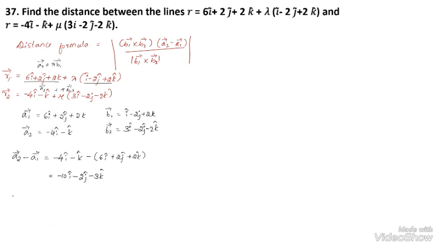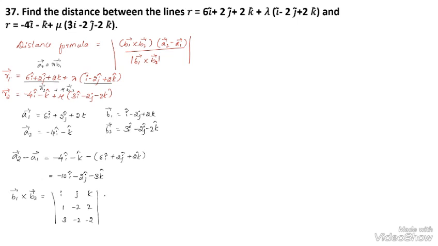Then we want the cross product of b1 cap and b2 cap. While taking the cross product there is a determinant form: i, j, k; then 1, minus 2, 2; and 3, minus 2, minus 2. Here these are the b1 values, vector b1: 1, minus 2, 2, and for b2: 3, minus 2, minus 2.